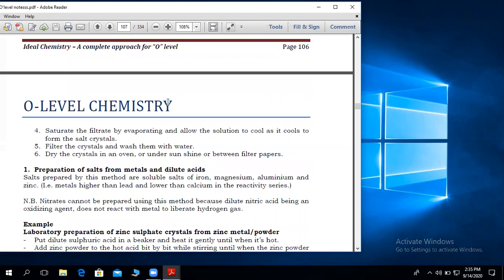Now, saturate the filtrate by evaporating and allow the solution to cool. Saturate, I told you, a saturated solution is a solution that cannot dissolve any more solid.